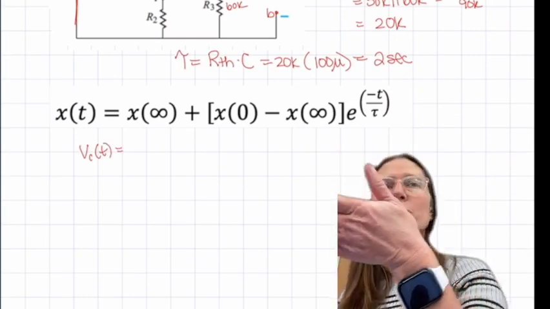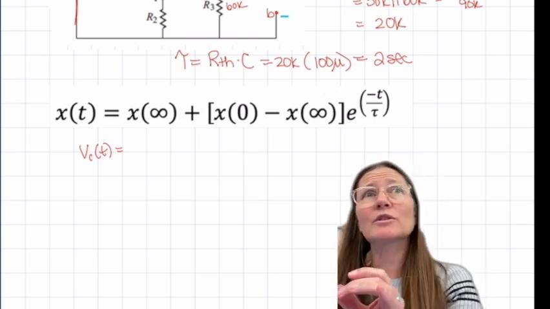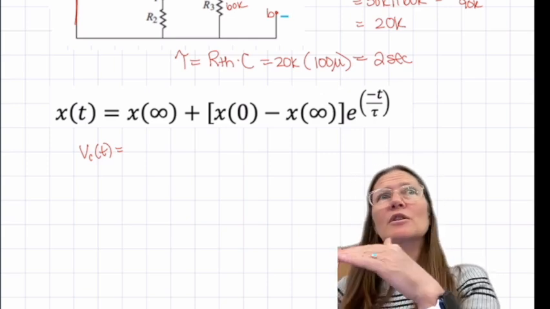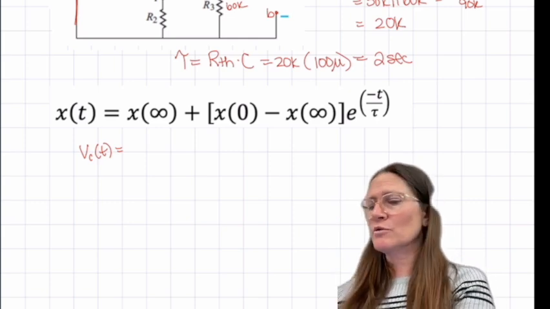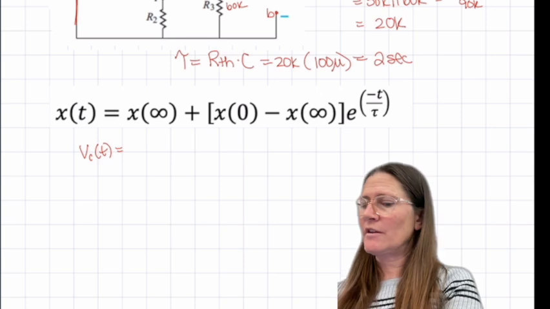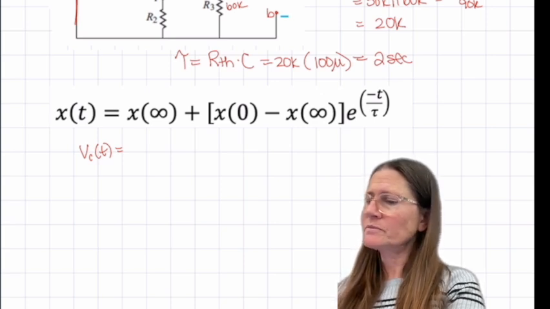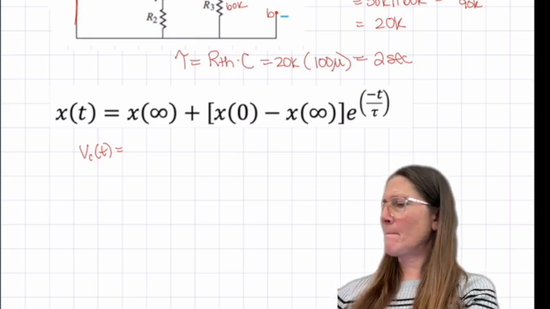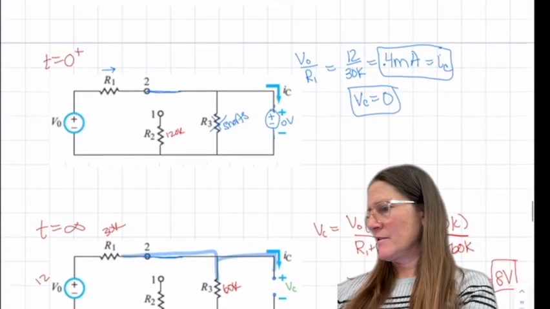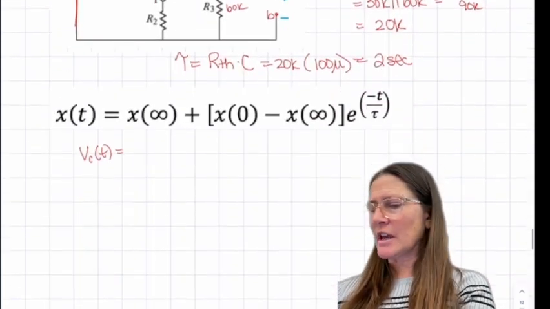So it takes 68% to get to the final value. So it started at 0, and then it goes up to that final one. So final is 8.